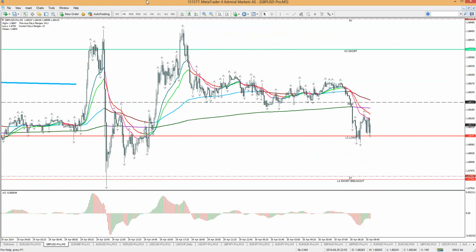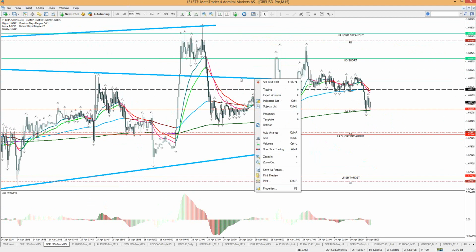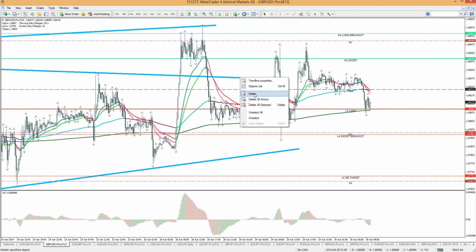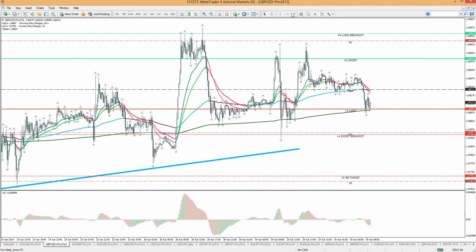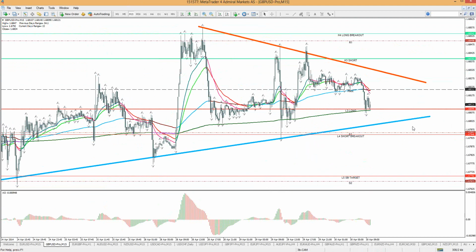The pound dollar. Let's take a look at the 15. Pound dollar is in very big consolidation as well, just like all the currency pairs at the moment. Big consolidations going on. Let's see how long that can last. Usually this is almost looking like summer types of moves, to be honest, in July and August.